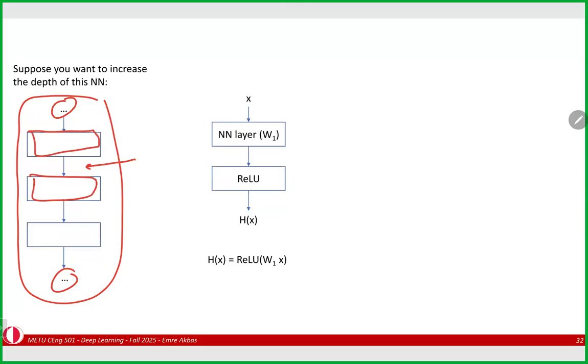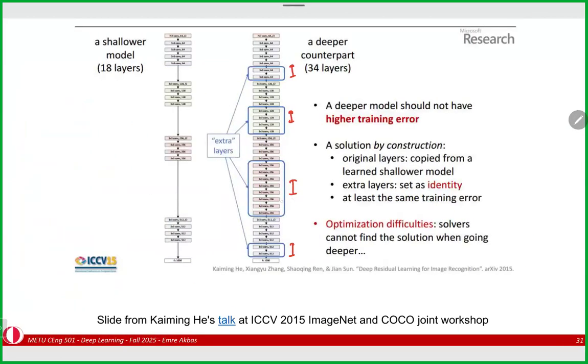And I wanted to implement an identity transform. Because when I want to train the new network, it should start with the error of the previous one. But also, it shouldn't have this optimization difficulty.